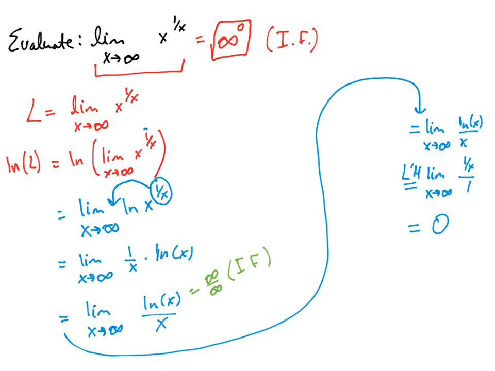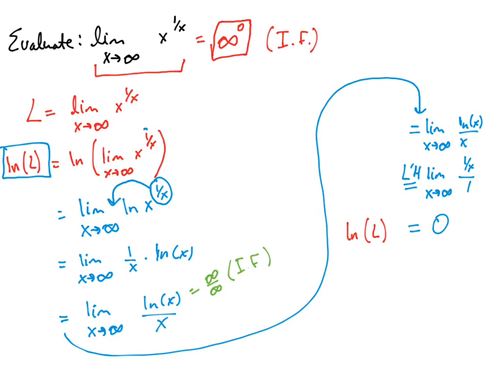Now, way back to the beginning of this problem, we said that we had this equation where the natural log of this limit was equal to 0. So I'm just going to rewrite that down here. The whole reason we wanted to do this was because of a second property of logarithms that we're going to use.